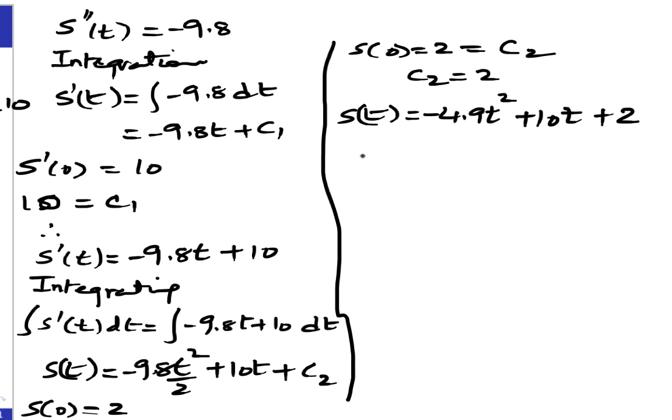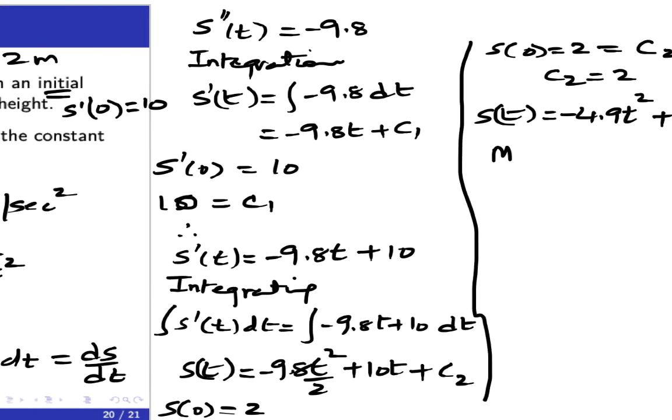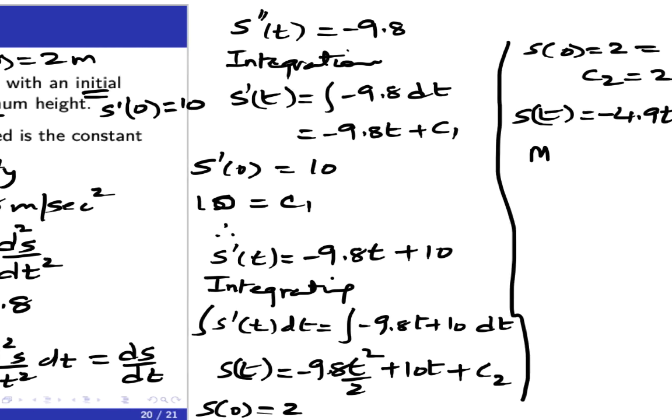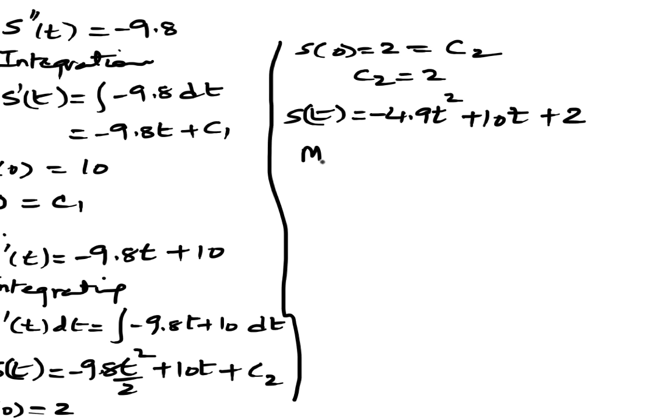Now we want to find the maximum height. The question says, determine the maximum height. Remember, when you throw a ball, the maximum height is the point after which the ball falls down.